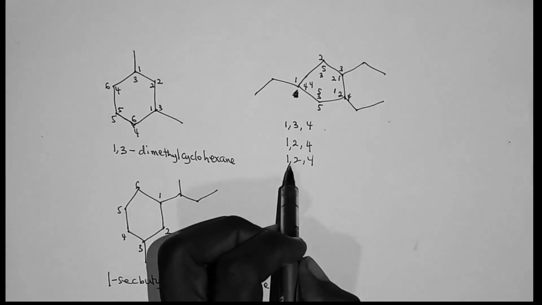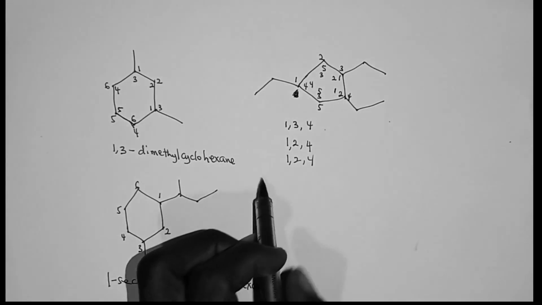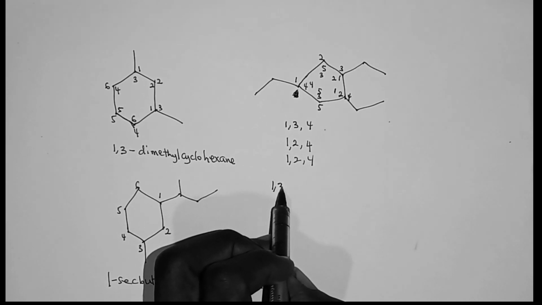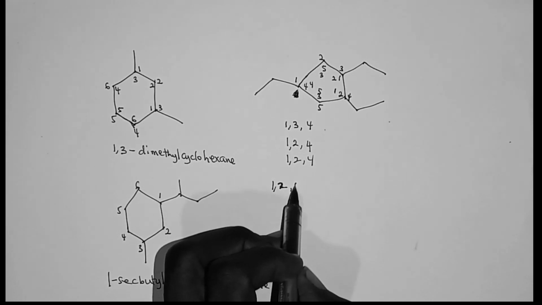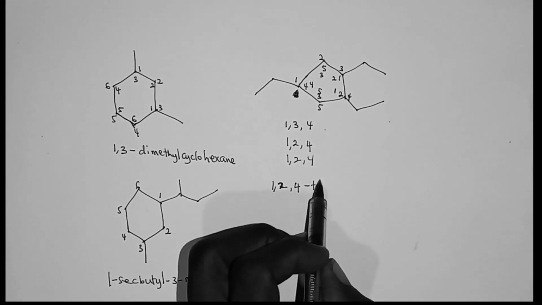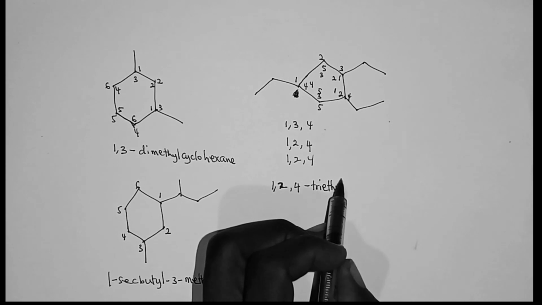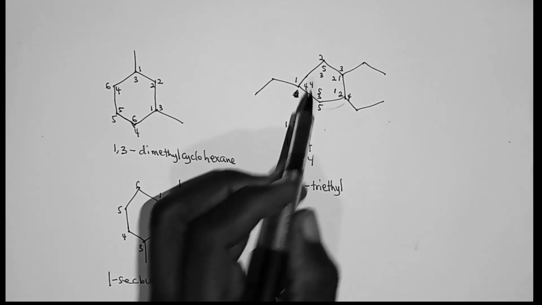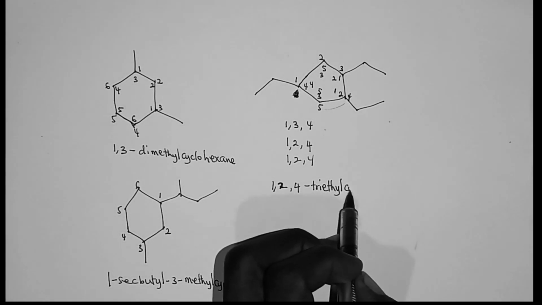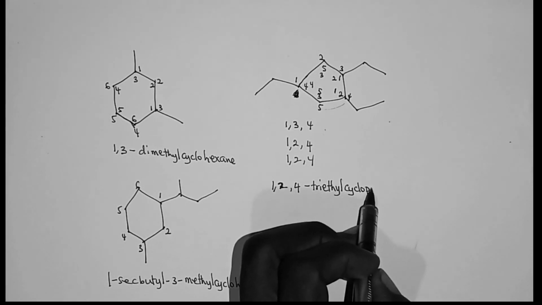And therefore, the name of this cyclic alkane is 1,2,4. Then the ethyl groups are 3, so it becomes triethyl. Then the parent chain is a cyclic ring of 5 carbons, so it is cyclopentane.